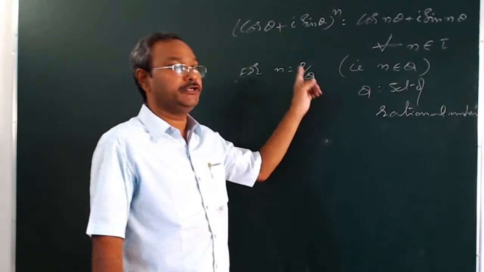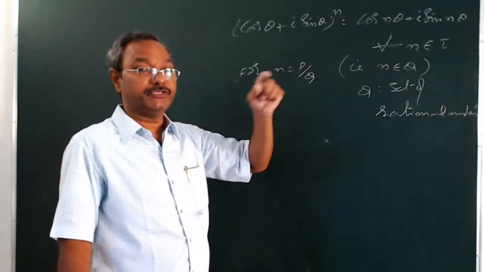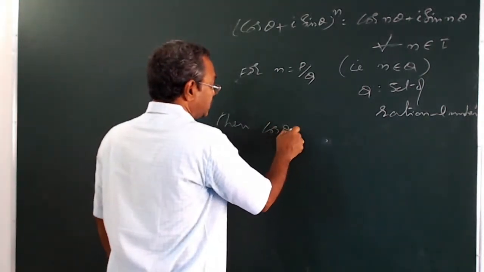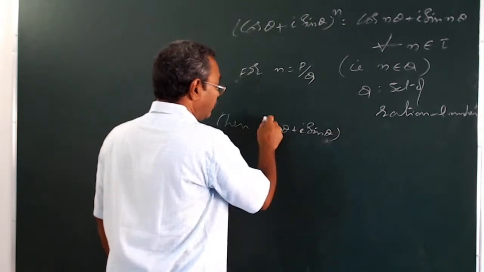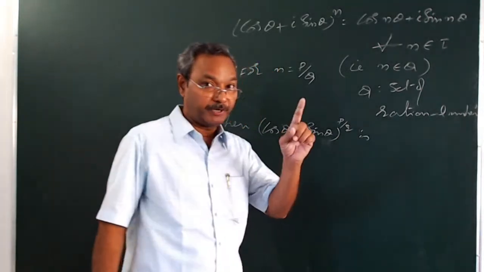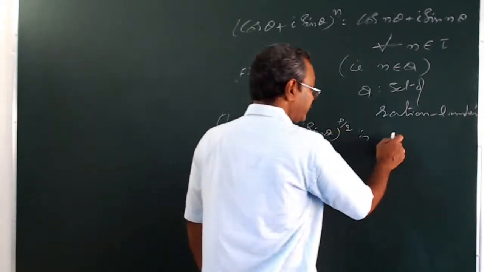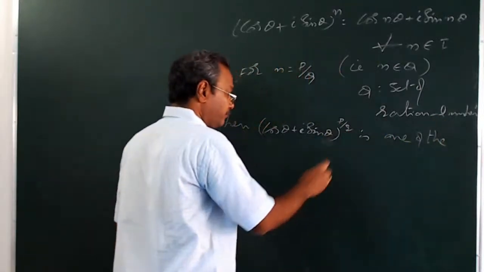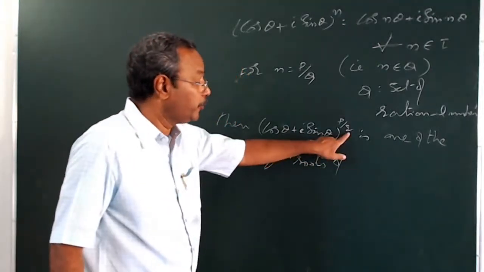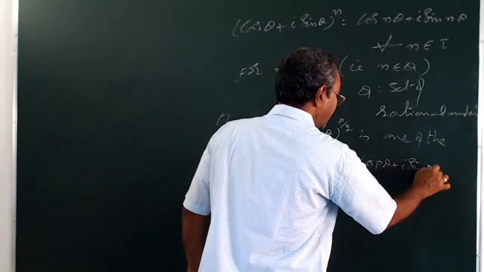If q is not equal to 0 and not equal to 1, that is, n equal to p by q where p by q is not an integer, then cos theta plus i sin theta whole to the power of p by q is, I am repeating the statement once again, one of the qth roots of cos p theta plus i sin p theta.